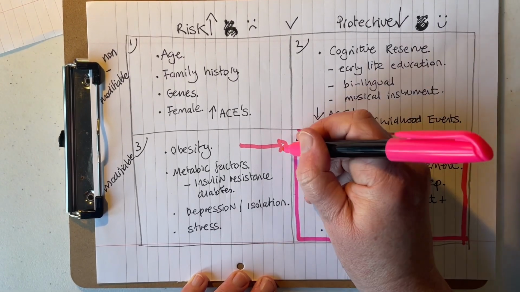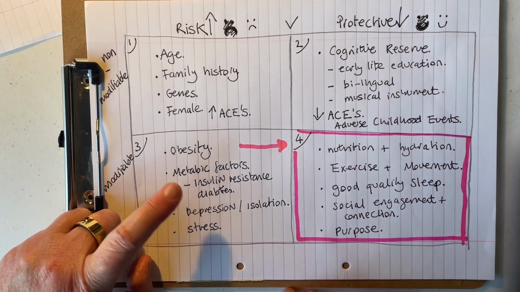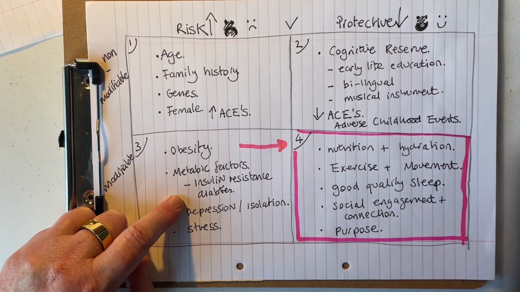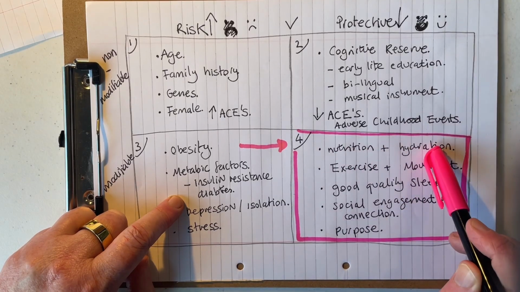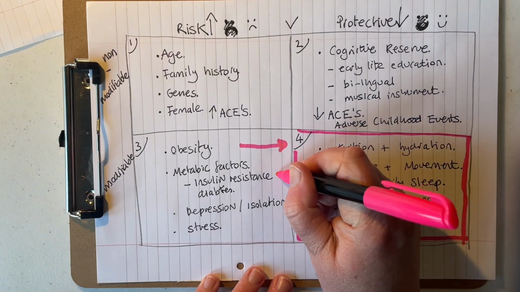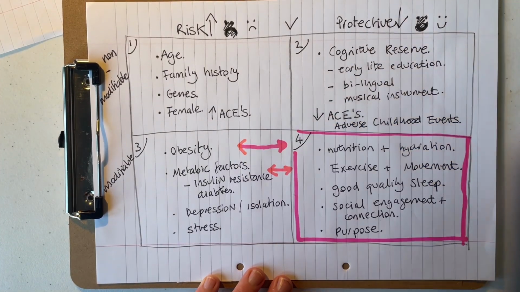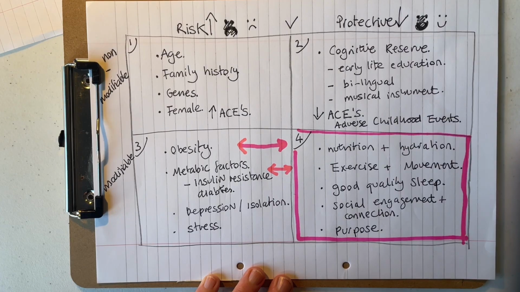So it's directly modified by that. Metabolic issues like insulin resistance, diabetes also relate to nutrition, hydration, exercise, movement, quality sleep. Okay, so I'm going to put these arrows actually both ways because it relates back and forth.